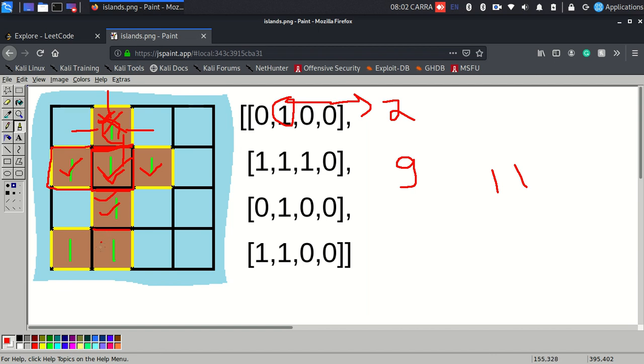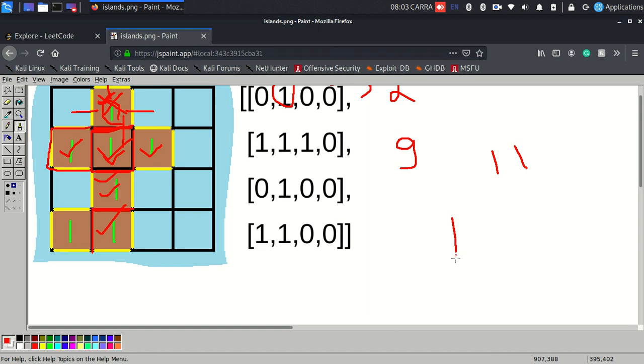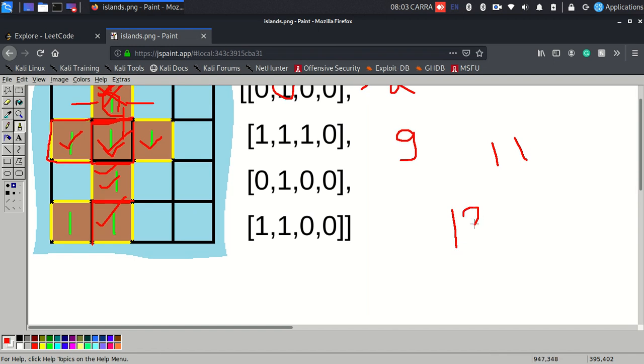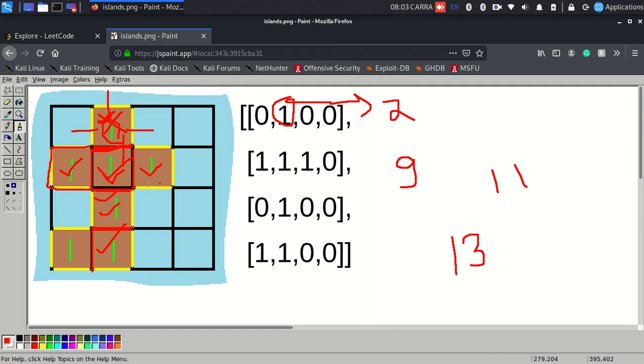So I'll go to the next. Here I'll see that the upward is a common edge, the leftward is a common edge, and I don't have any other common edges. So the perimeter accountable for this particular island would be 2. So I'll have 13, right? As of now I have 13, and I again mark this island as visited.